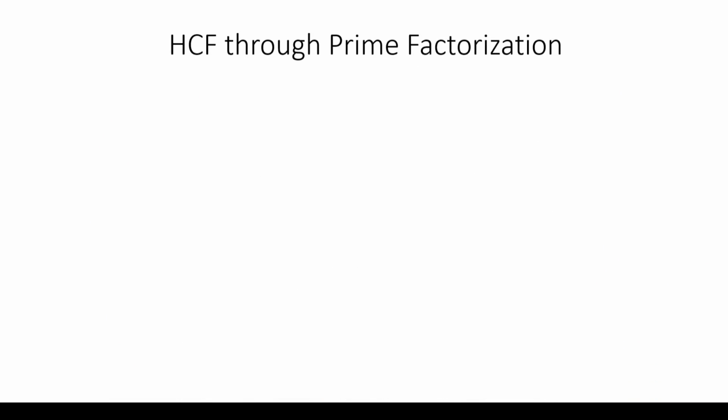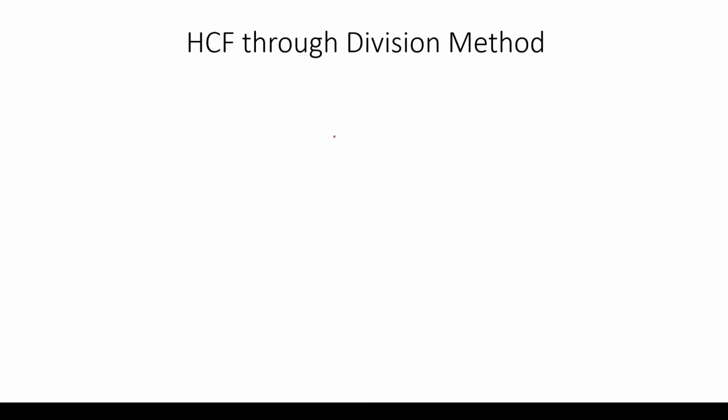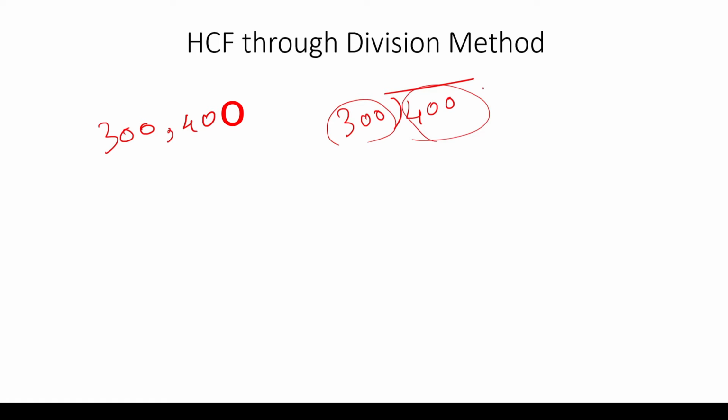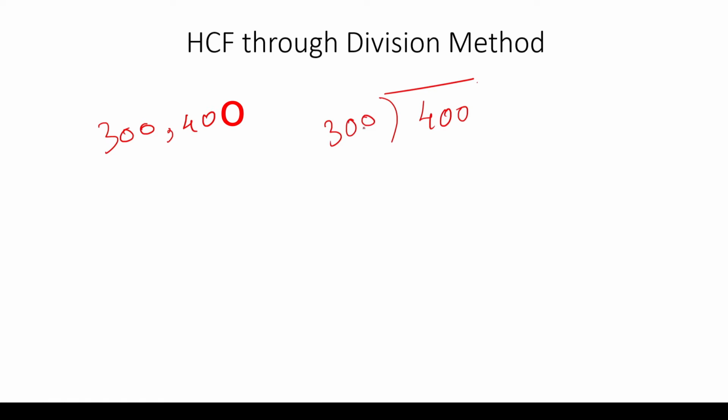Now the next method is the division method. So HCF through the division method is like this. The numbers were 300 and 400. We have to take any two numbers and divide them. If there were more numbers, we take any two numbers and divide them. The smaller will be here and the bigger will be here. So here is 400 and here is 300.